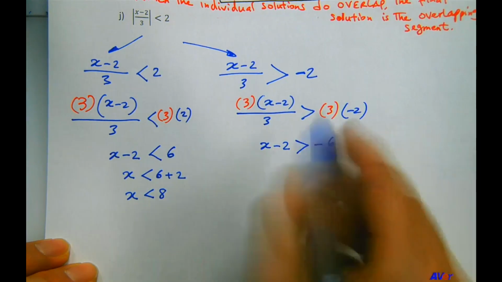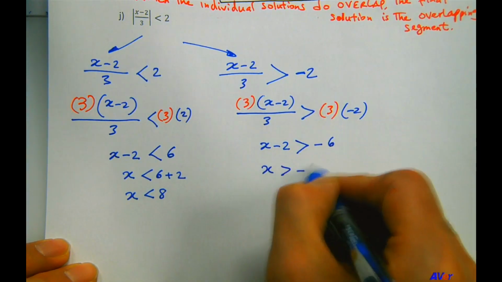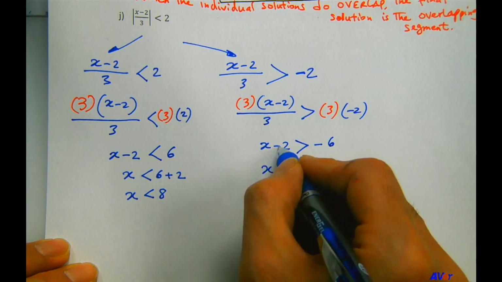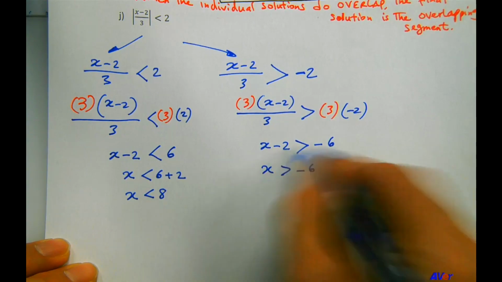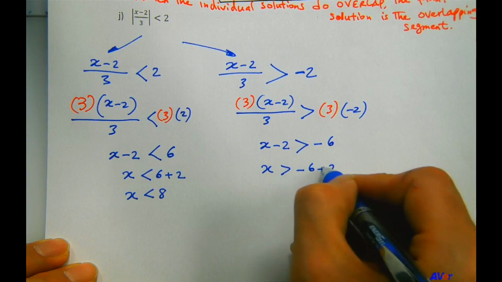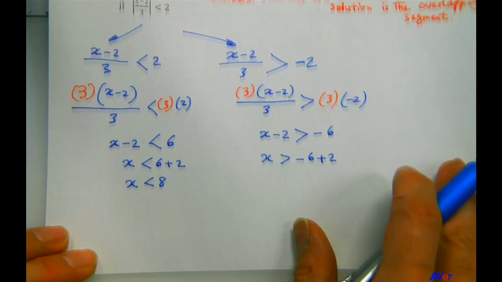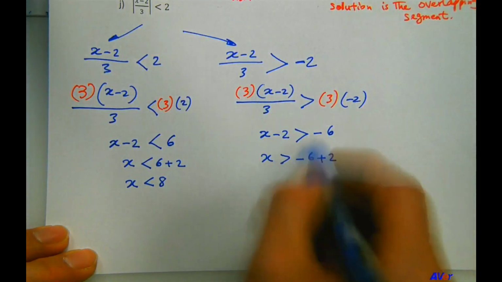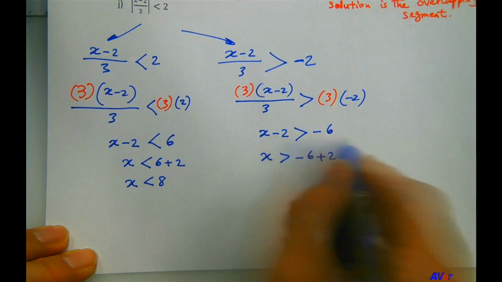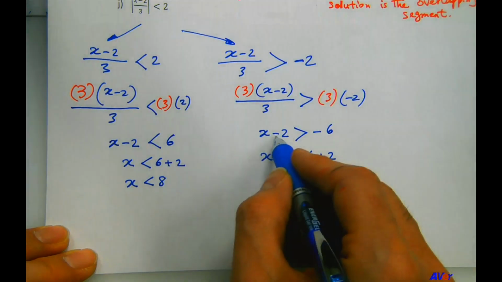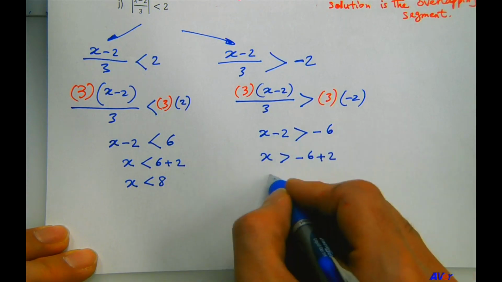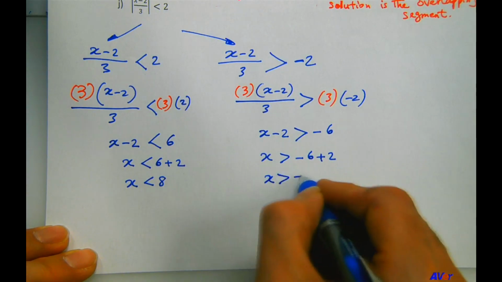Like that. Move the -2 to the other side. It becomes positive when you do that. Or as most of you like to think of it, add +2 to both sides. Either way, it's fine. But I think this is more efficient. So just move things around and remember that you have to change the sign as you do that. So x greater than -4.